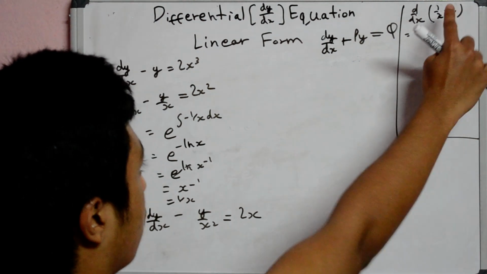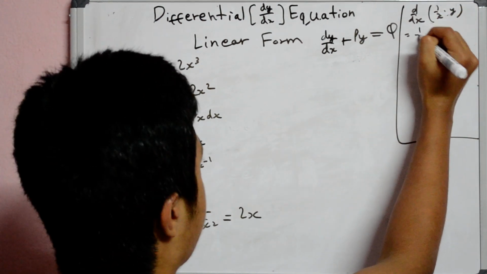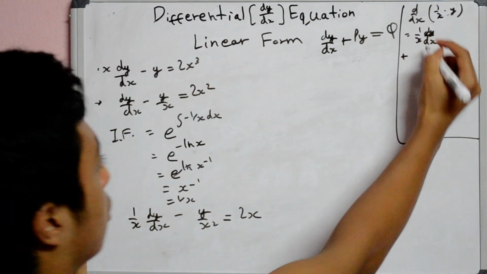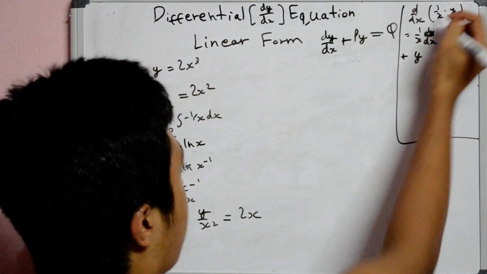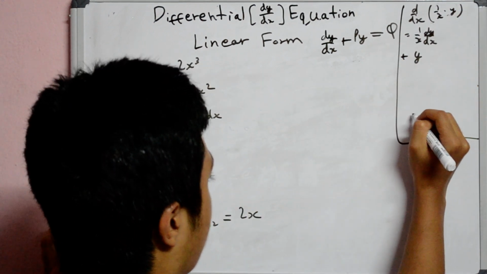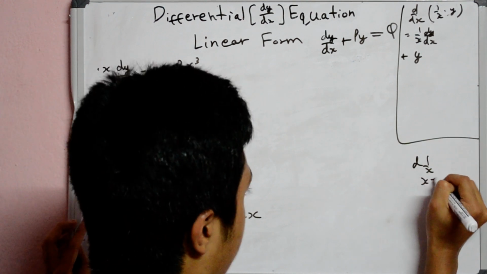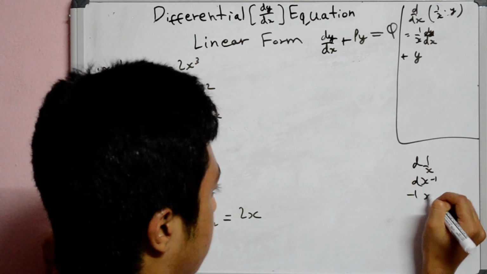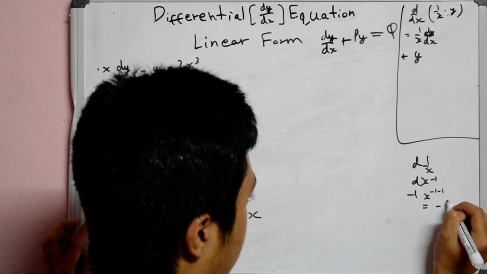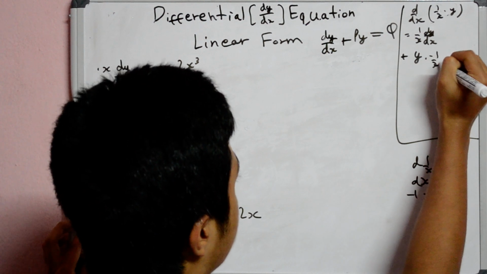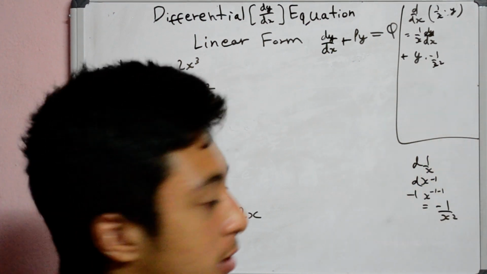So first of all, we will get 1 by x dy by dx plus y into the derivative of 1 by x. So we need the derivative of 1 by x. Here this is just x to the power minus 1, and the power comes first, which is equal to minus 1 by x squared. So this into minus 1 by x squared, and dx by dx is just 1.